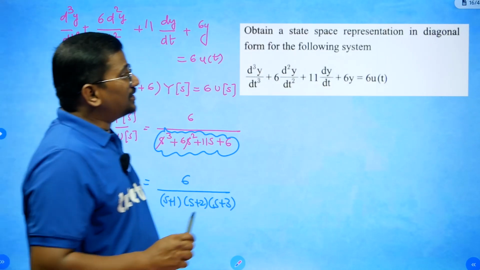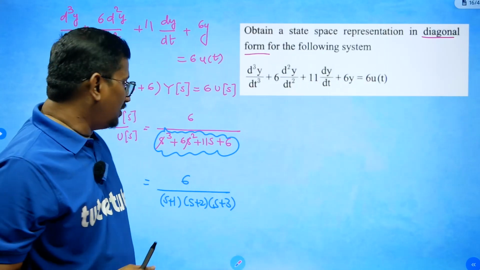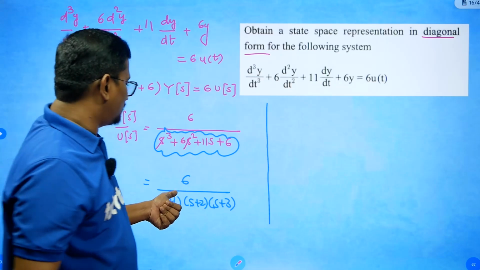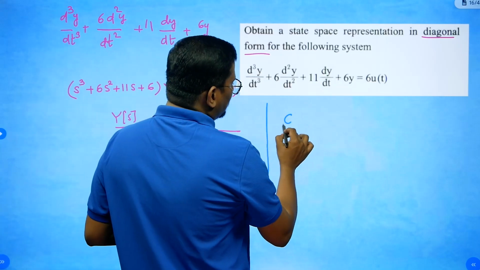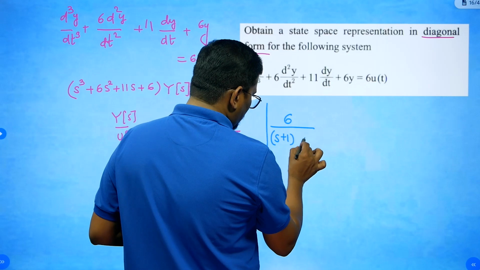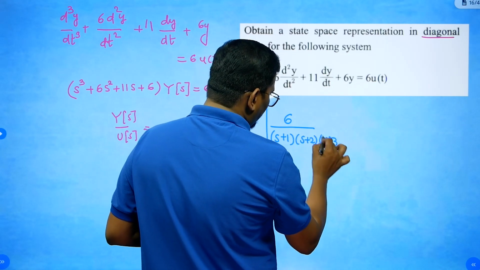But what is the representation? He is asking for diagonal form. So first of all you need to calculate the partial fractions of this. How to calculate? 6 by (s plus 1) into (s plus 2) into (s plus 3).